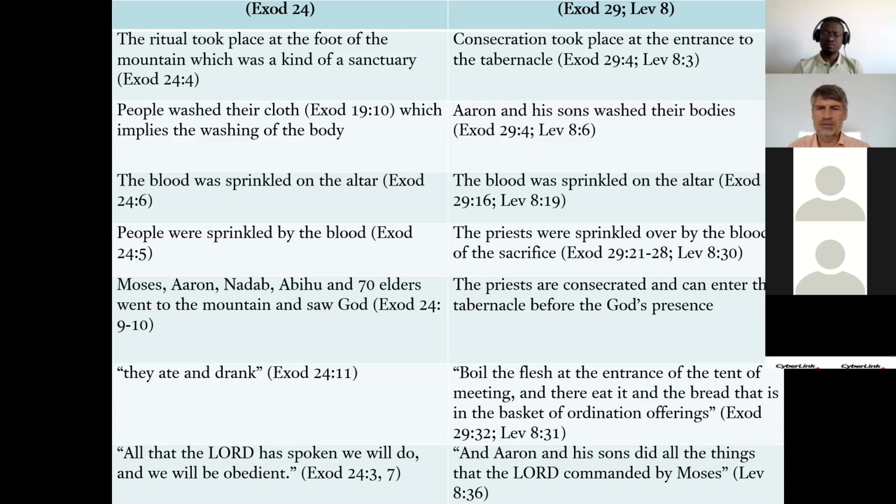So priests are those who are mediators between a person, a sinner, and God. But in this nation, there is no need for mediators, because the priests are those who have this access to God. So they can enter the tabernacle. They can be together with God, very close to God.